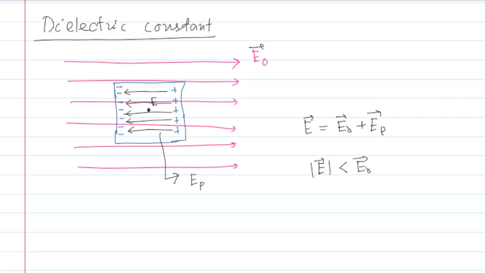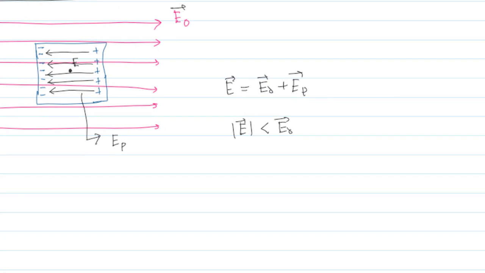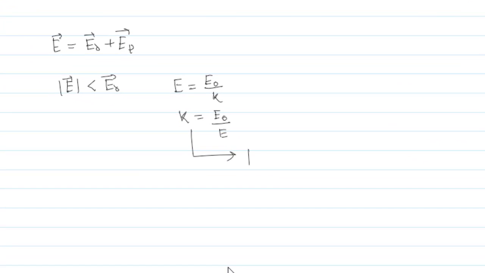Now, if E vector, that is the electric field inside the dielectric, is less than E naught, then we can say the electric field E is equal to E naught by K. That means I am defining some constant K, let me write K equal to E naught by E. It shows by what fraction the electric field has reduced inside the dielectric, and this constant is known as the dielectric constant.